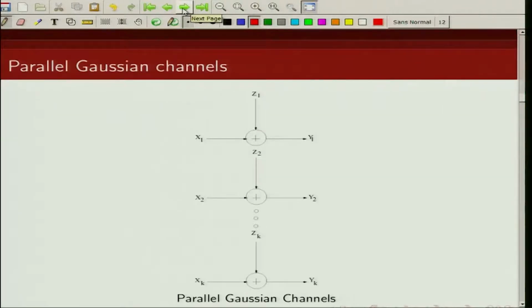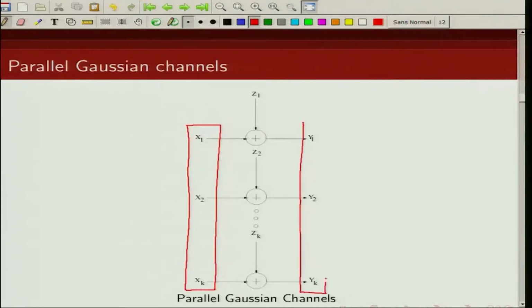As I said, this is how my parallel Gaussian channel looks. I have these inputs x1, x2, xk, and these are my outputs y1, y2, yk. The noise samples are independent, denoted by z1, z2, zk.